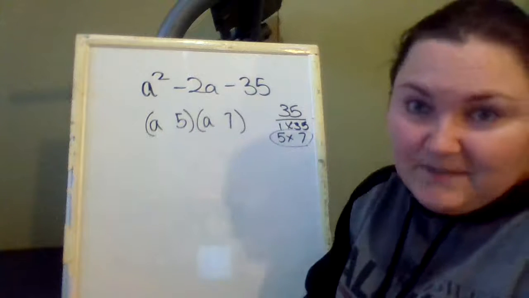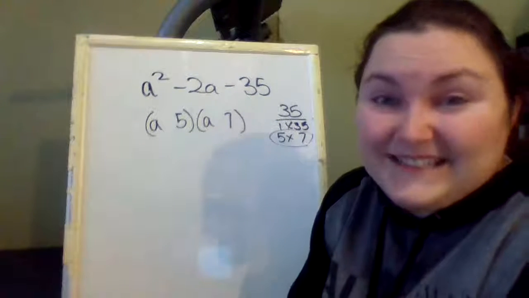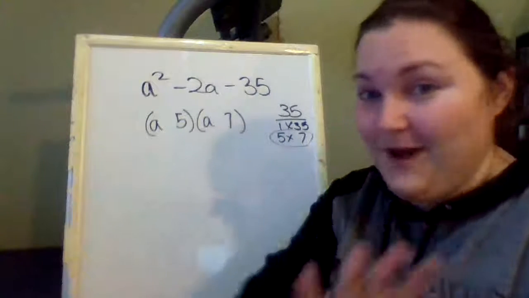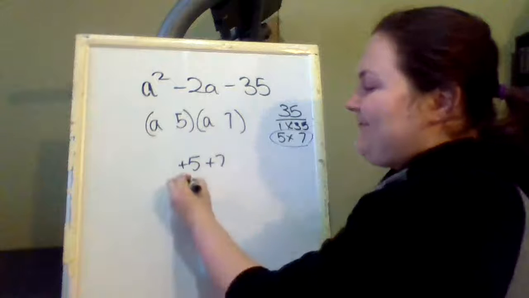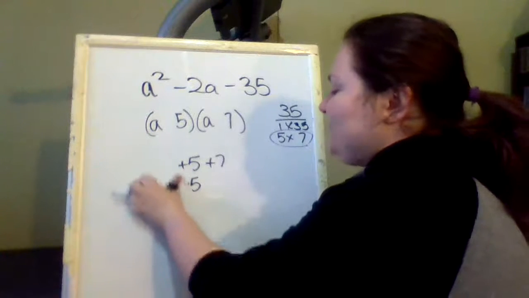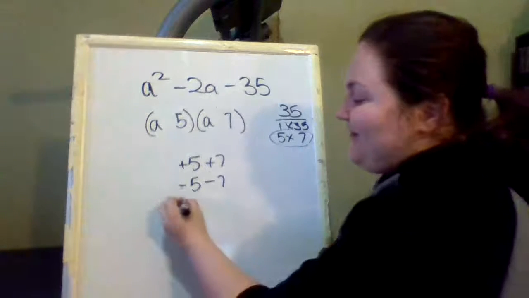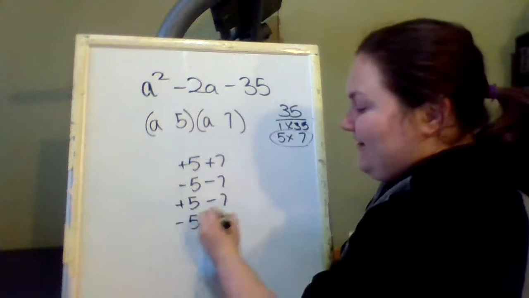And the last part's going to be the signs. If you ever get stuck on the signs, that's usually what I see students struggle with the most. At the end of the day, there are only 4 options. Those two numbers can both be positive. They can both be negative. You can have a positive and a negative, or a negative and a positive.